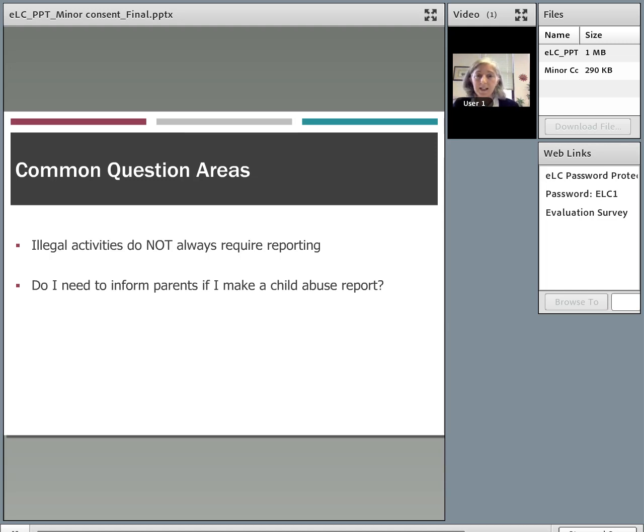Now, the police or child welfare may end up informing mom and dad because they're under different confidentiality laws than you are, and they're allowed to. They're not allowed to say who made the child abuse report, but they're allowed to say that they're investigating it, but that doesn't mean that you can without permission.